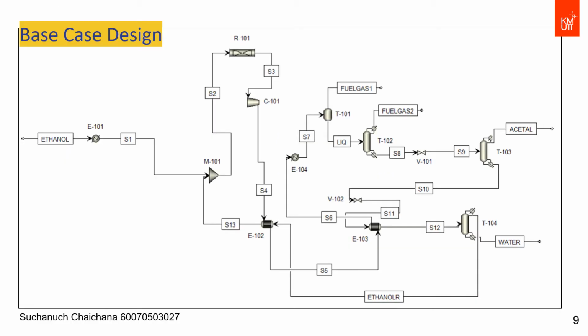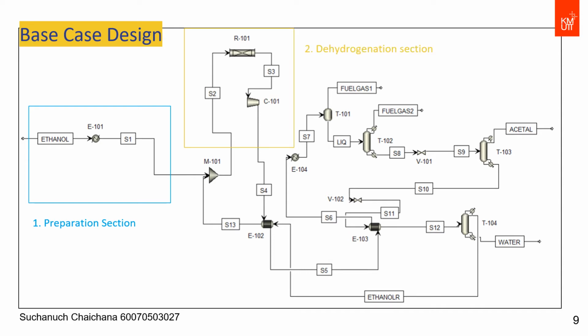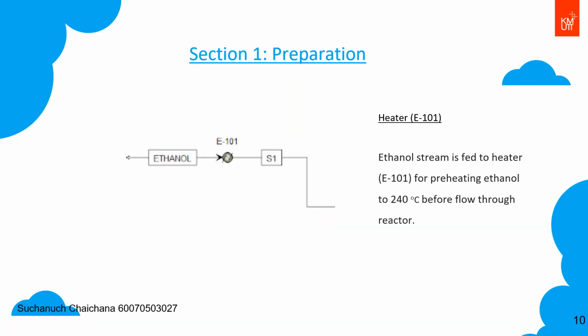The production of acetaldehyde in the simulation can be divided into 3 sections. The first one, preparation, dehydrogenation, and the last one is purification. Ethanol steam is fed to the heater E101 for increasing the ethanol temperature to 240 degrees Celsius before flowing to the reactor.